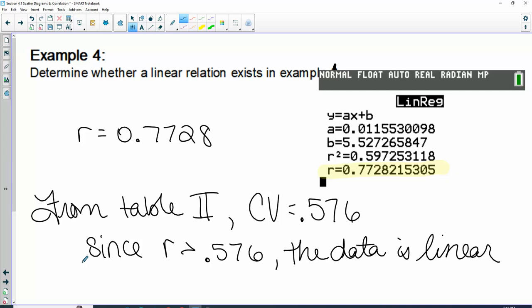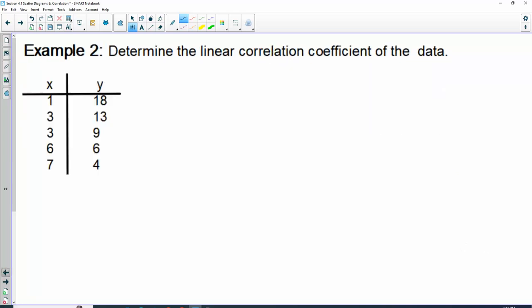So now let's talk about how to do them by hand. So I'm going to go back to this example. If I want to look at how that R is found by hand, I'm going to need some information.